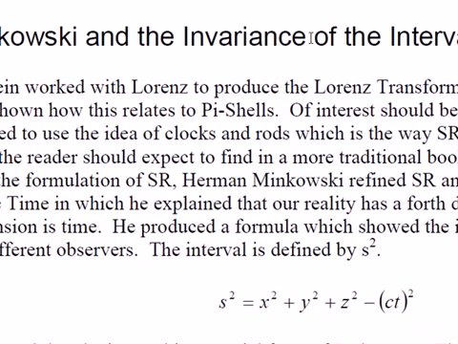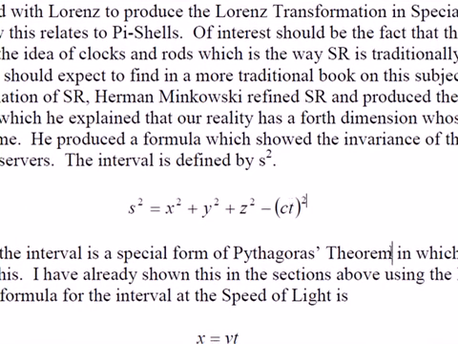The Minkowski work is just another way to look at Pi-Shells. So he formulated the interval here as s squared, the distance, and he would square the x and the y and the z, and he would subtract c times t, which is the distance, and that would give you the interval. And he showed that this was a special form of the Pythagorean theorem.